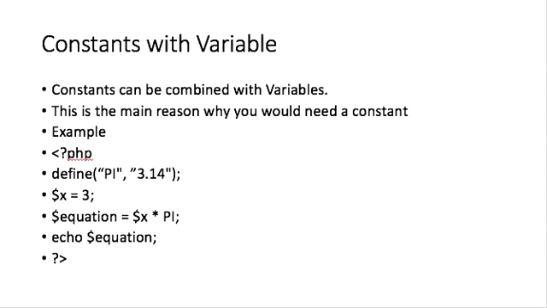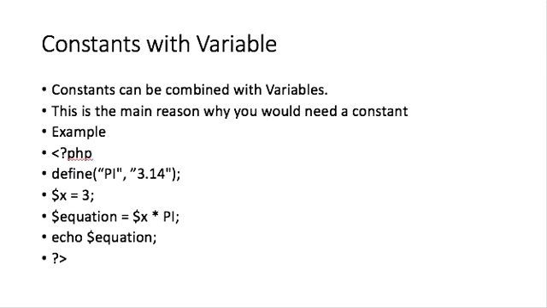And then the echo would just be the equation of the variable where you multiply pi. What would output in the browser would be whatever 3 times 3.14 is, which I believe is 9.42.